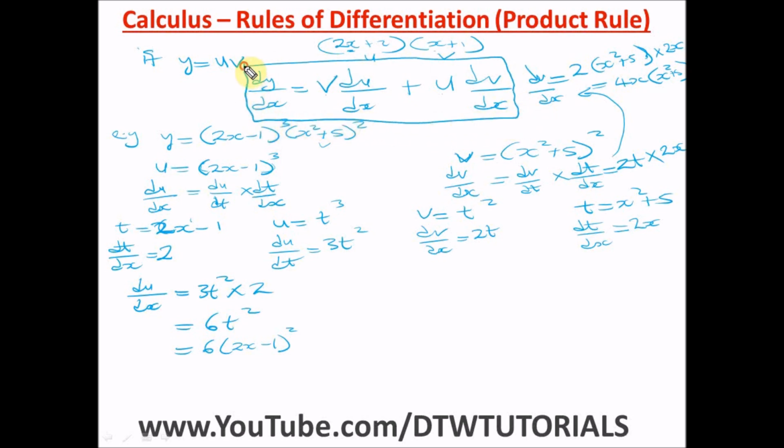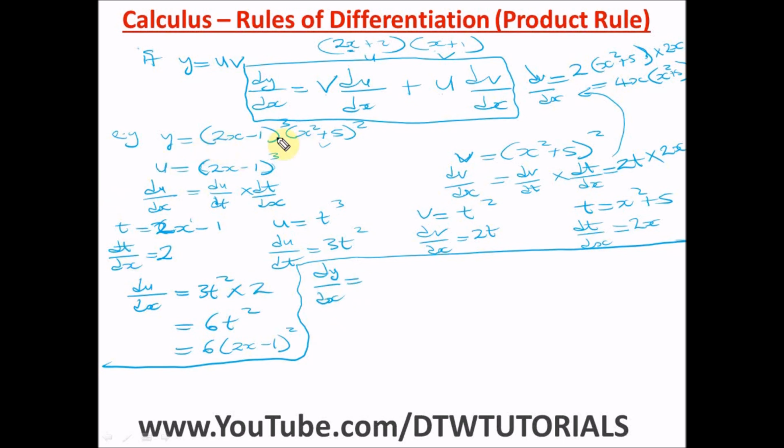Okay, so let's put it now. So our dy dx finally. We have to manage the space here. Sorry. If we need to erase, then we erase some. Okay. So finally, our dy dx is equal to, what is our v?